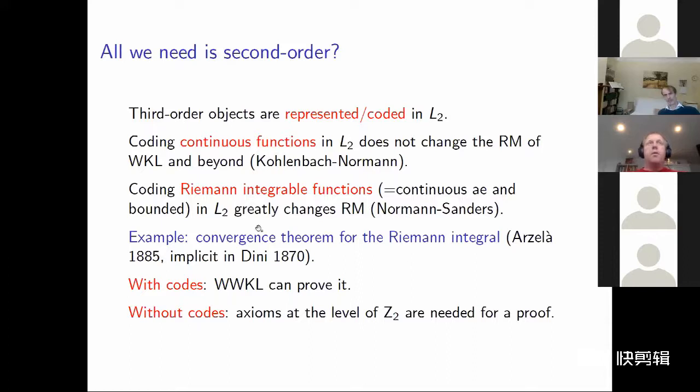So already for Riemann integrable functions, things can be very different in strength, whether or not you use codes. I would call this a theorem of ordinary math, but somehow you need a lot of comprehension to prove it without codes. With codes, it's fairly easy to prove.